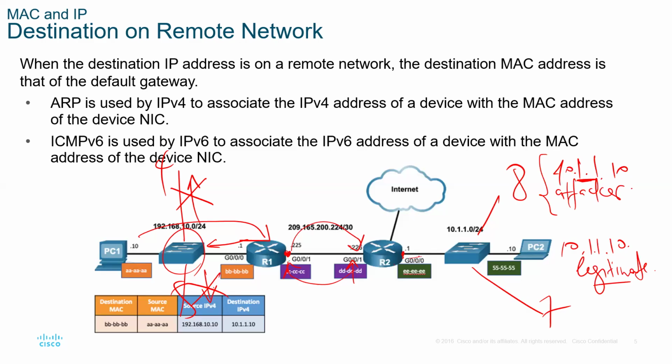So when an ARP request is sent, it's a broadcast. It means it is sent to this one, and to this one. This one declines because it doesn't have that IP address. This one responds. This one also responds. Let's say this one responds and it gets to this side. It means when this frame wants to be sent, it won't be sent here.